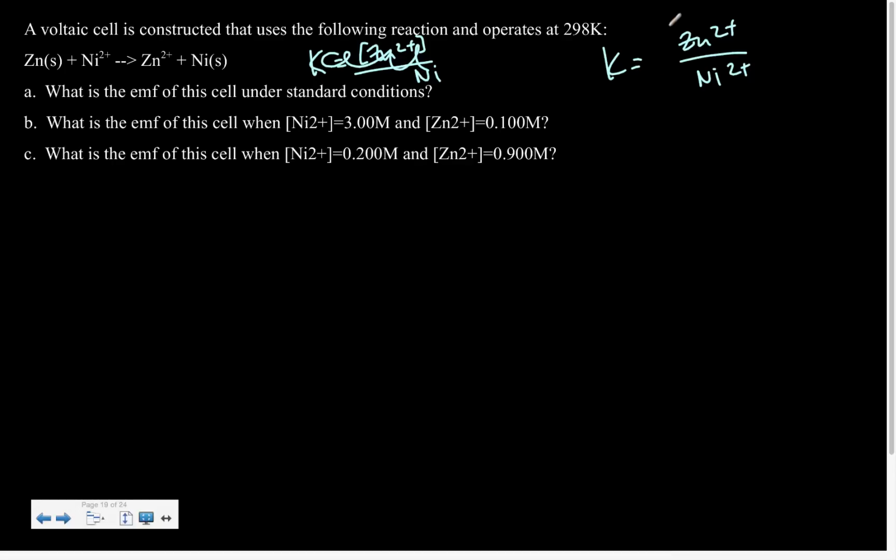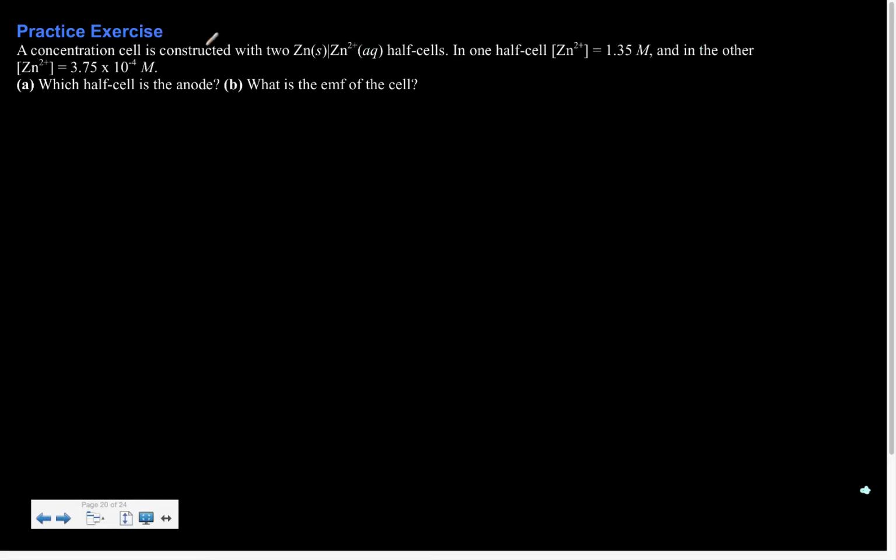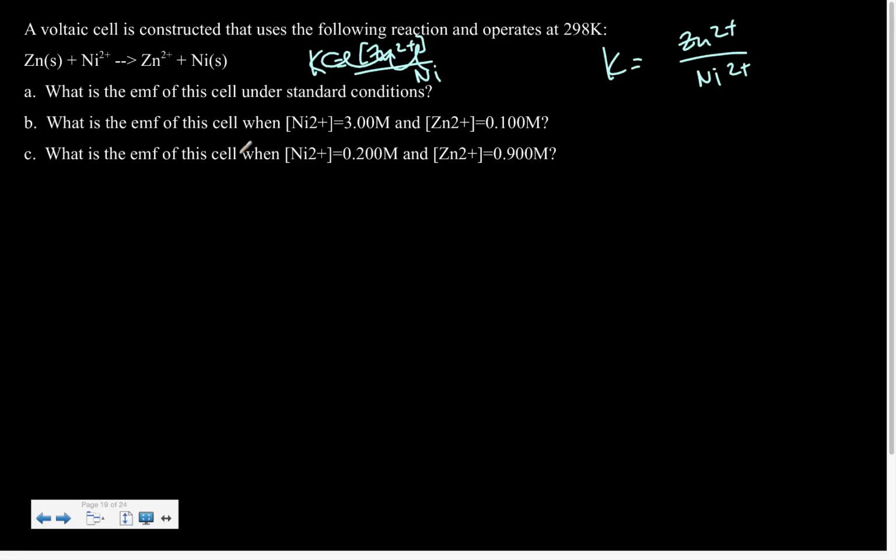All right. So then, let's talk about the EMF of the cell under standard conditions. If we think about the numbers, it's 0.76, 0.28, so E standard is just going to be the summing of my two half reactions, which comes out to 0.48 volts.